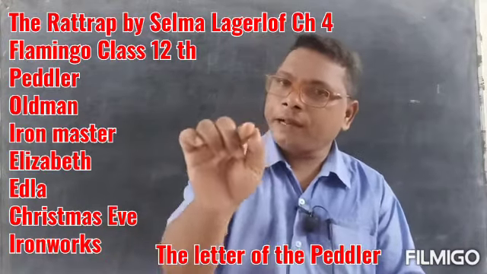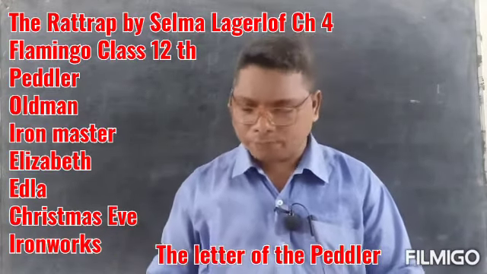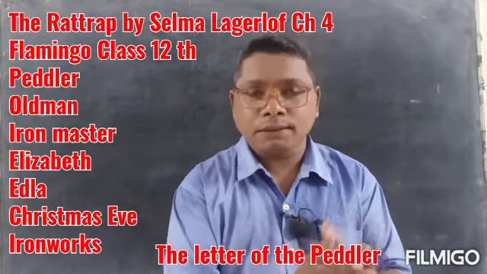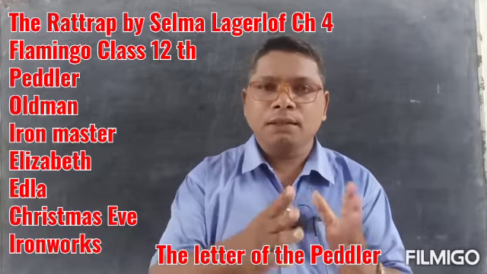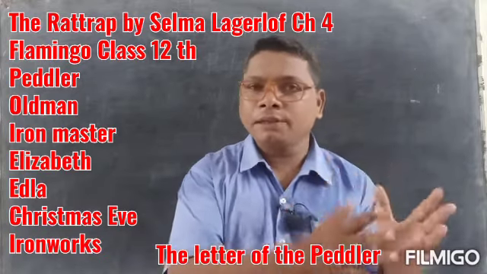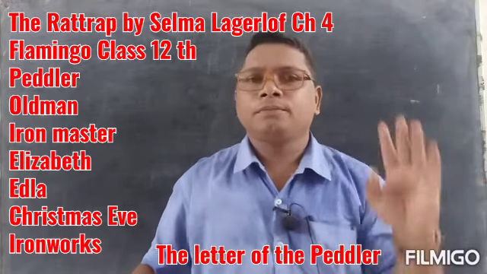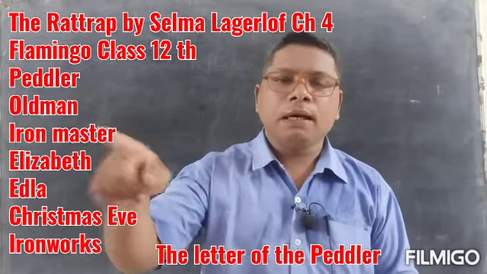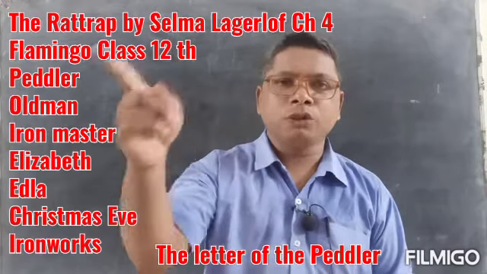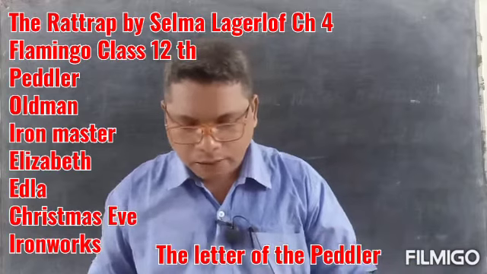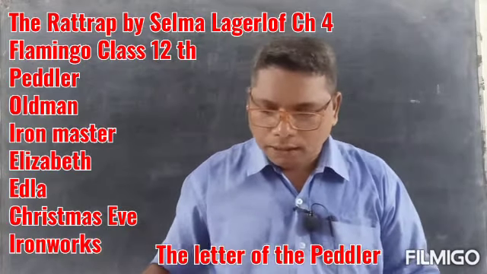The behavior of Edla had changed his life. And now he is going to return the 30 kroner, the currency of that particular country, to the old man. Previously he stole, and now he is going to return the money. Let me read for you.